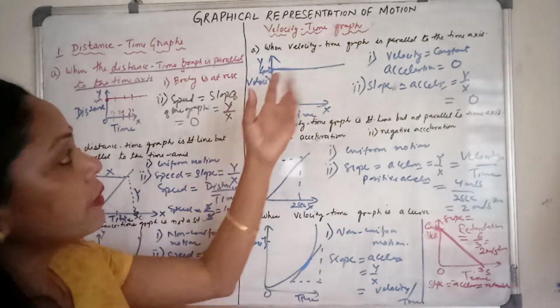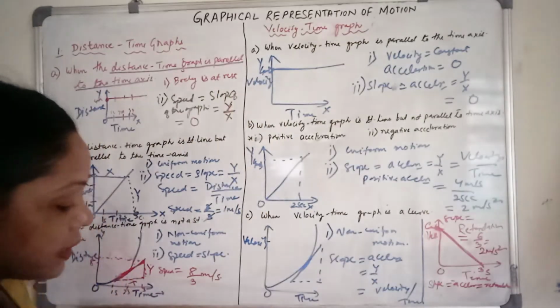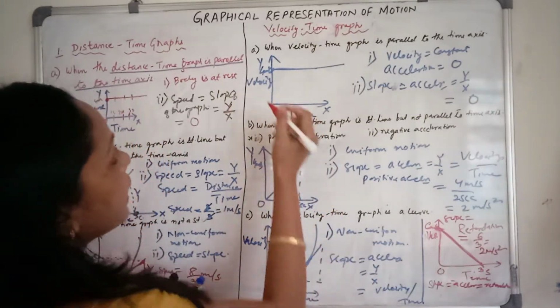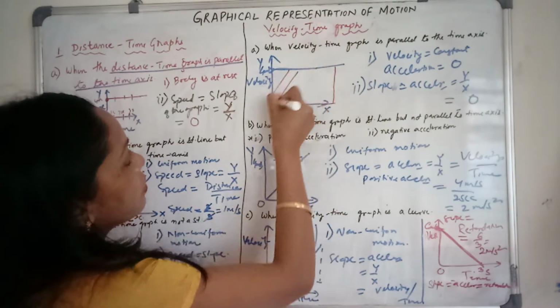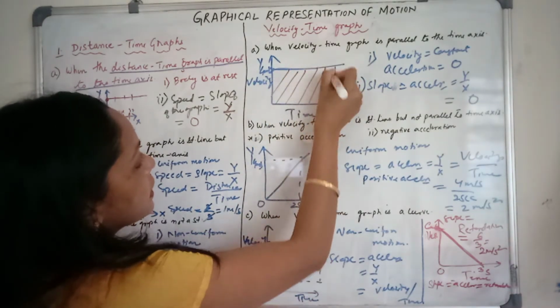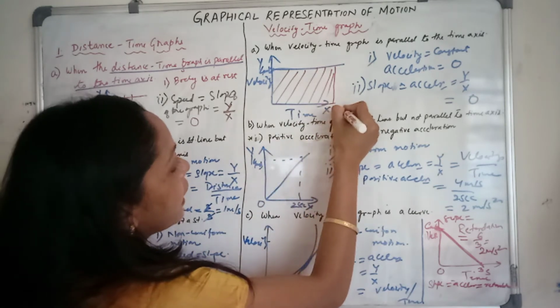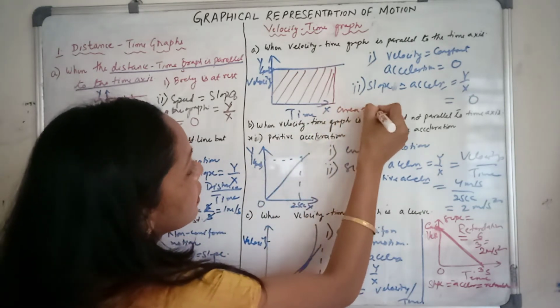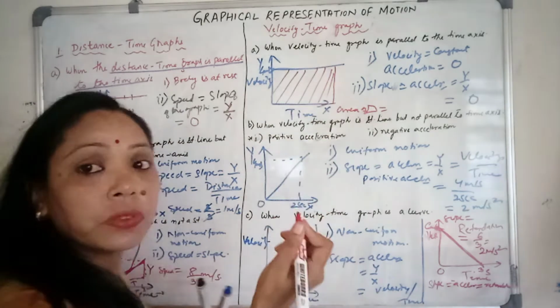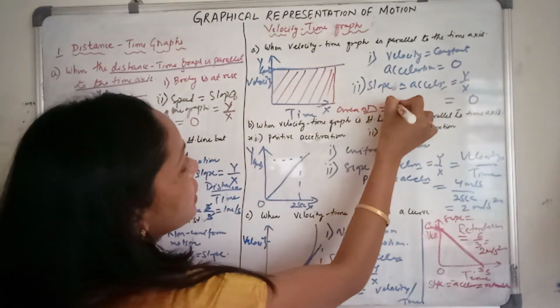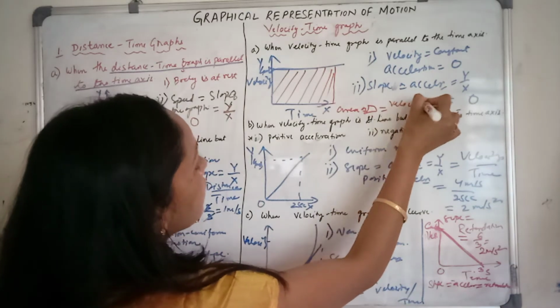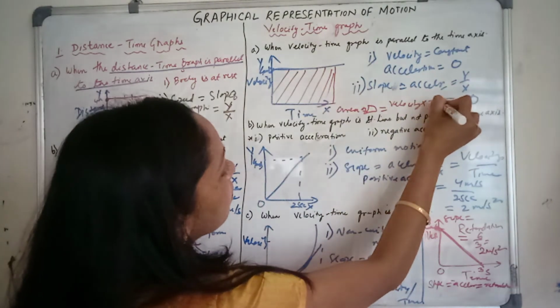Now one more thing in the velocity time graph is that if you find the area, suppose you close this figure, you will get one rectangle. So find out the area of the rectangle. Area of the rectangle is length into breadth. Length is your velocity, breadth is your time.